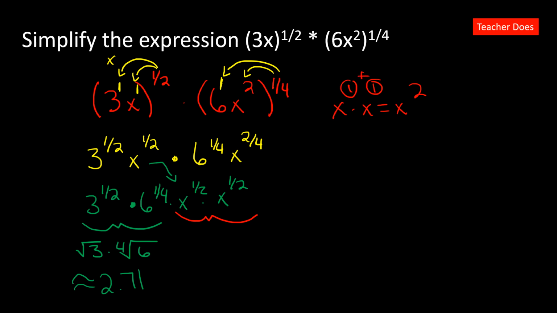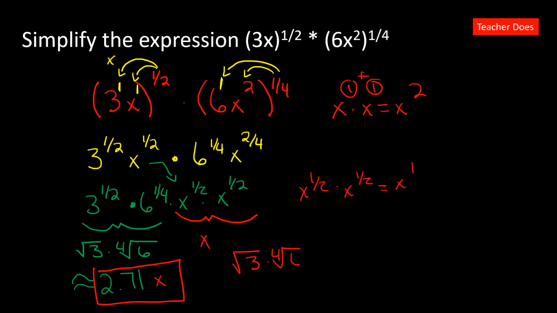We're going to do the same thing. We would get 1/2 plus 1/2 equals 1, so we get x to the 1, so we'd end up just getting x. So you could say our answer is approximately 2.71x, or the square root of 3 times the 4th root of 6x.